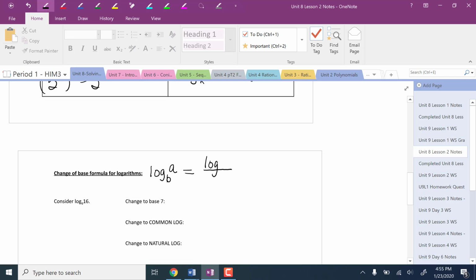So we're changing to base C. And what happens is the base that I started with goes, what I like to say, in the basement or on the bottom. So base goes on the bottom of the fraction, and then that means the argument goes in the top. And a lot of times we will just use base 10 or base E.